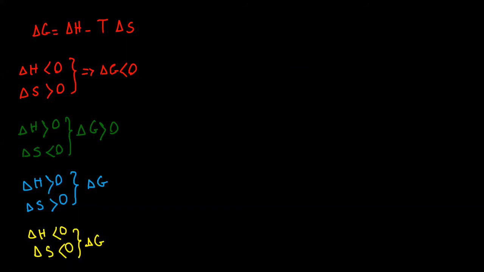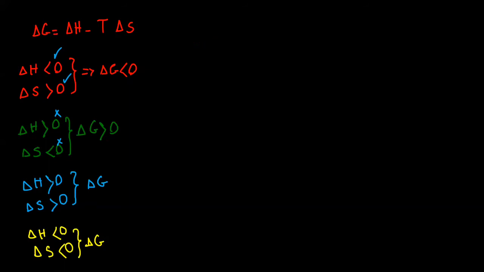Okay, so we discussed when delta H is smaller than 0 and delta S is larger than 0, both of them are in favor of the reaction, so definitely the reaction is spontaneous and delta G is smaller than 0. If delta H is larger than 0 and delta S is smaller than 0, none of them are in favor of the reaction, so delta G is larger than 0 and the reaction can't be spontaneous.